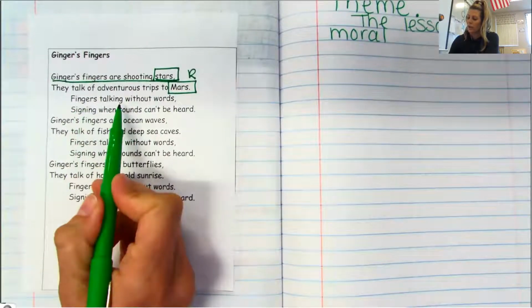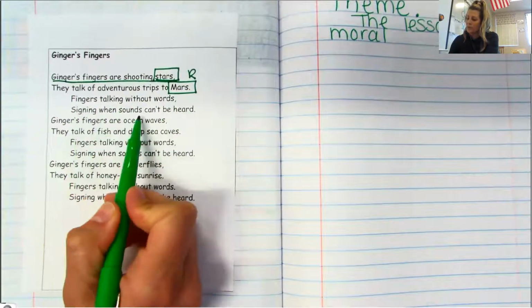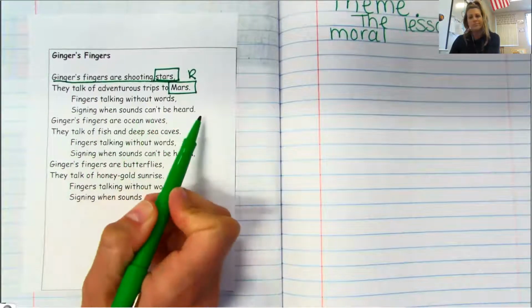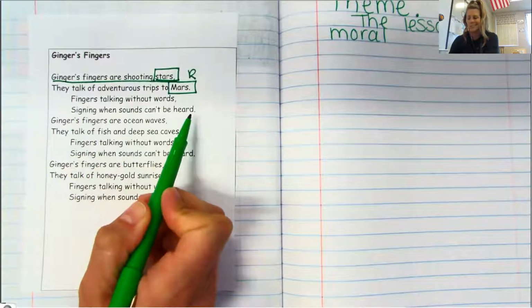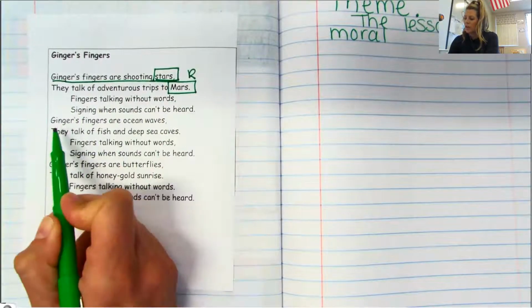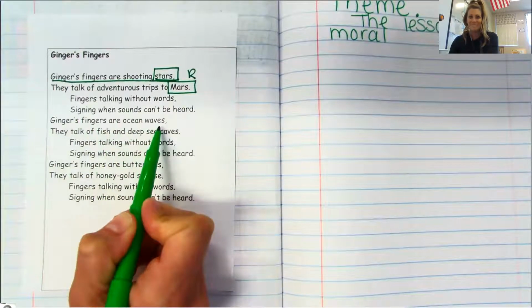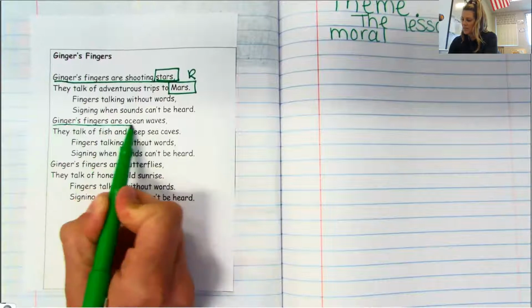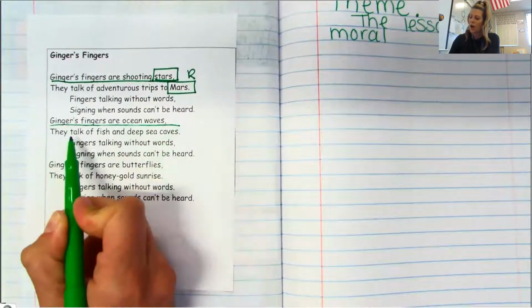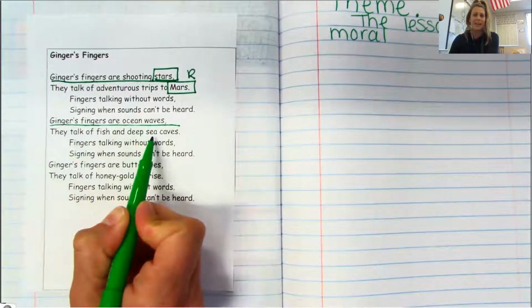Fingers talking without words, singing when sounds can't be heard. You hearing any comparing one thing to another? No. Ginger's fingers are ocean waves. Metaphor. They talk of fish and deep sea caves.